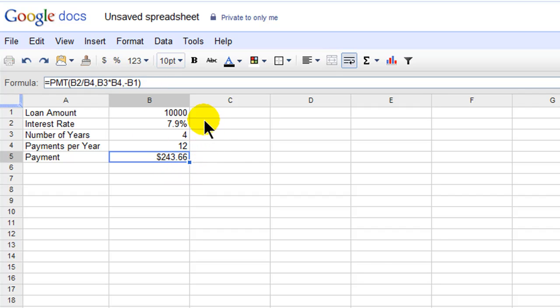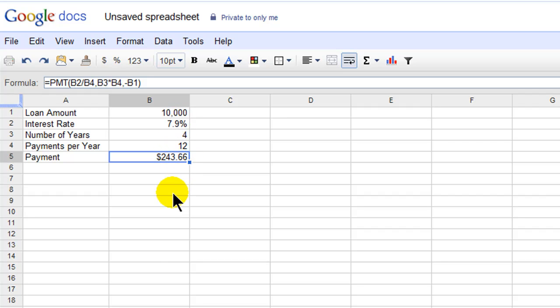So what we've got here is a $10,000 loan. Let me put some commas in here. And I'll actually get rid of those decimals, so round it up. So $10,000 loan at 7.9% interest rate for 4 years, making 12 payments per year, or monthly payments. My monthly payments would be $243.66.